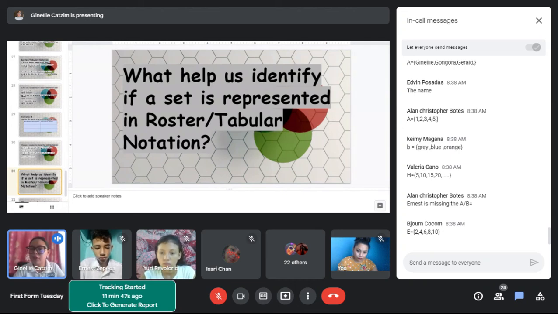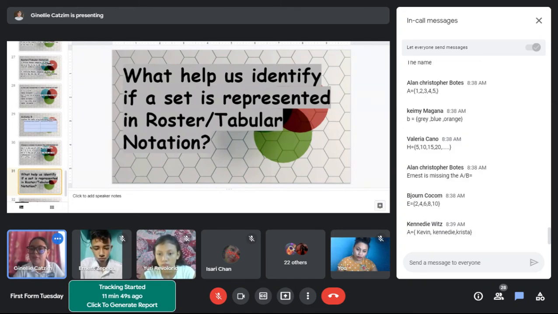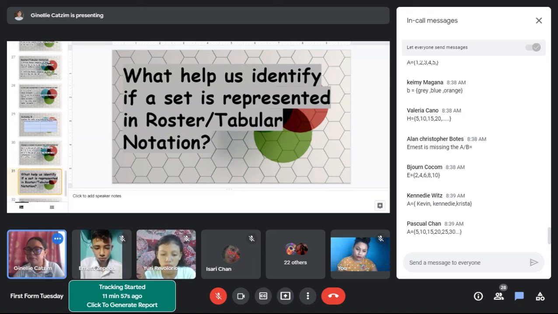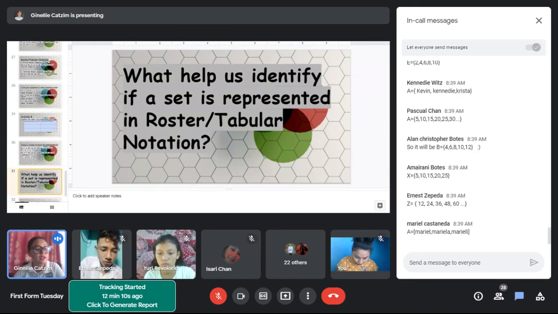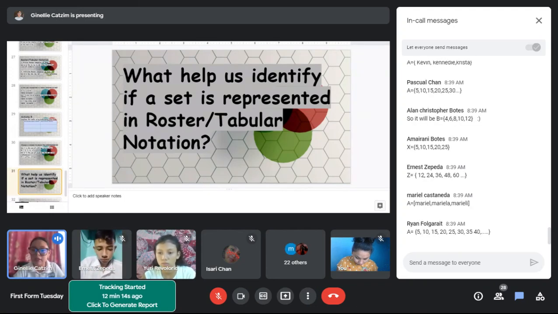Okay, good. Some of you are really giving me some good examples. I still don't think I have all of your examples. Let's see. Good. This is Kevin, Kennedy, and Krista. Okay, very good. So most of you know how to represent a set in raster notation.